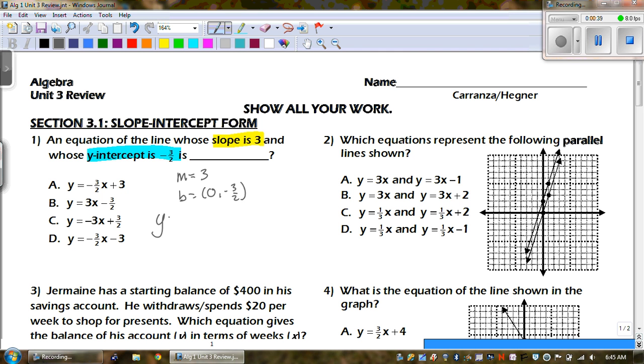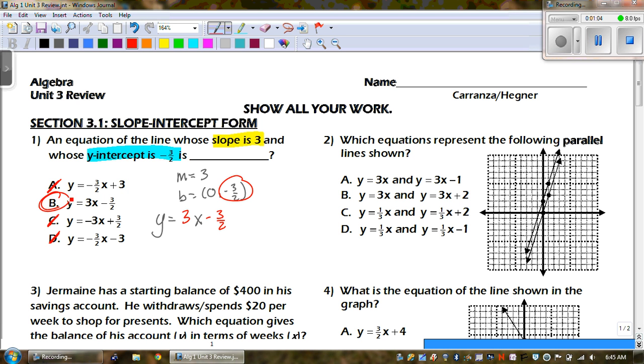So when we plug this into y equals something x, it's y equals 3x. If I know that's a positive 3, right away I already know what the answer is, process of elimination. But then we add in the minus 3 over 2, and we get that B is the correct answer.